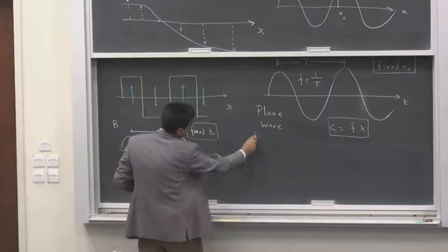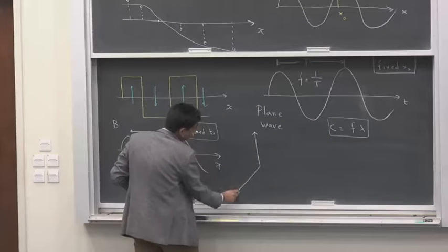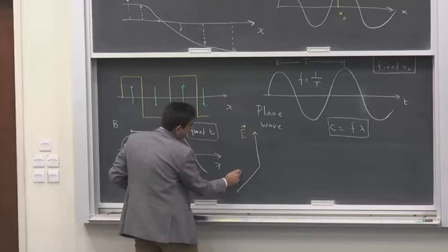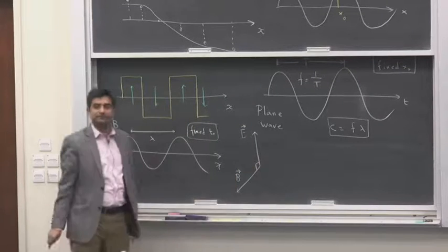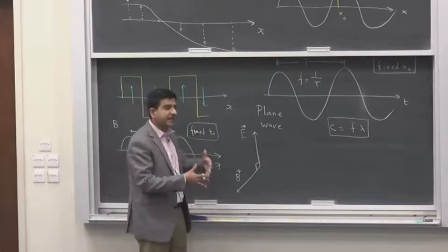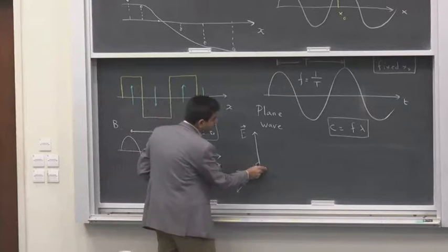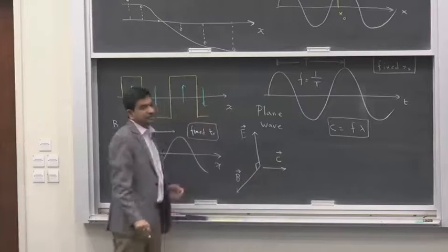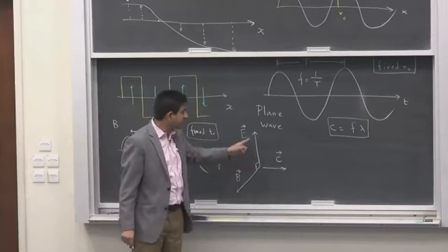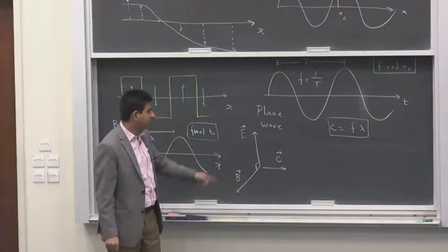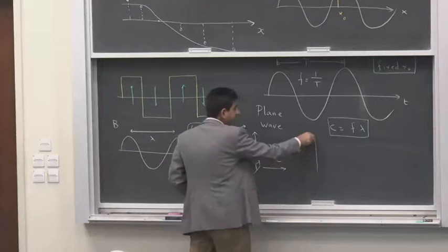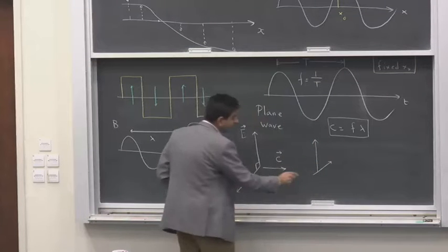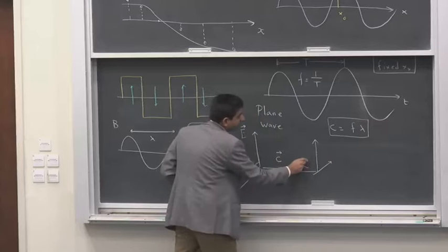And the relative orientation of these electric and magnetic fields is given by the following. You have an electric field and a magnetic field, and both of them are normal to one another. And this entire slab of energy, chunk of energy, is moving forward with some speed, c, which is a vector, it's a velocity. And this c is given by the cross product of E and B. If you have an electric field like this, and a magnetic field that's pointing into the plane of the board, then the propagation of this wave will be in this direction.